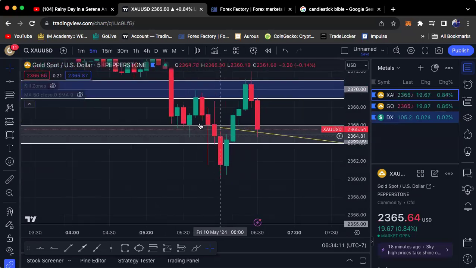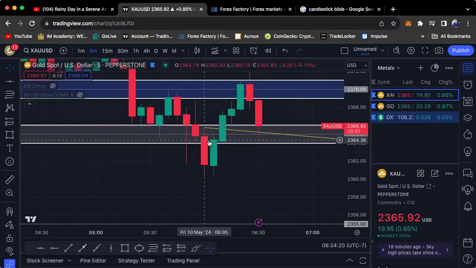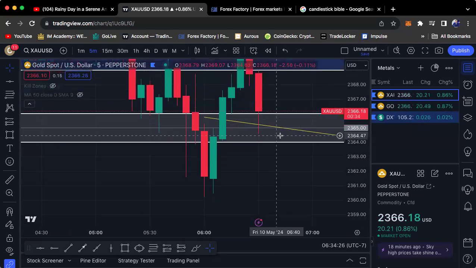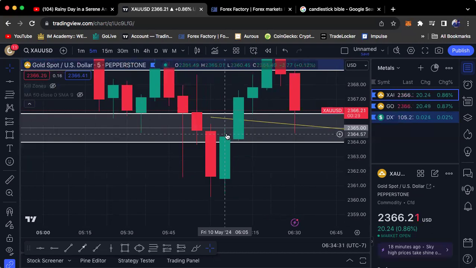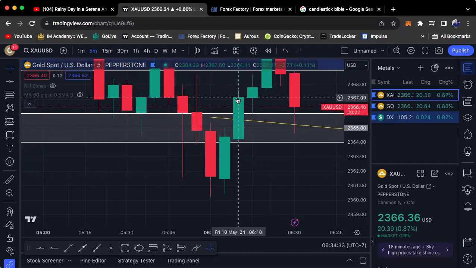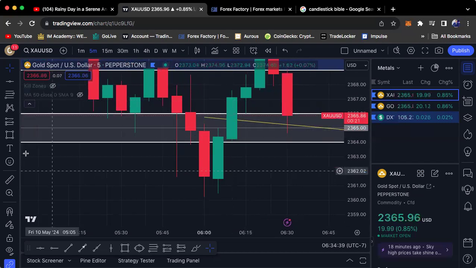Okay. Yes, price tried to break below. It broke below, it closed, but then it came back up. Okay, to retest, but the next candle wasn't bearish. Whenever I see this, and then I get a bullish and another bullish candle, I'm not taking that sell because I'm waiting for the next bearish candle, right?